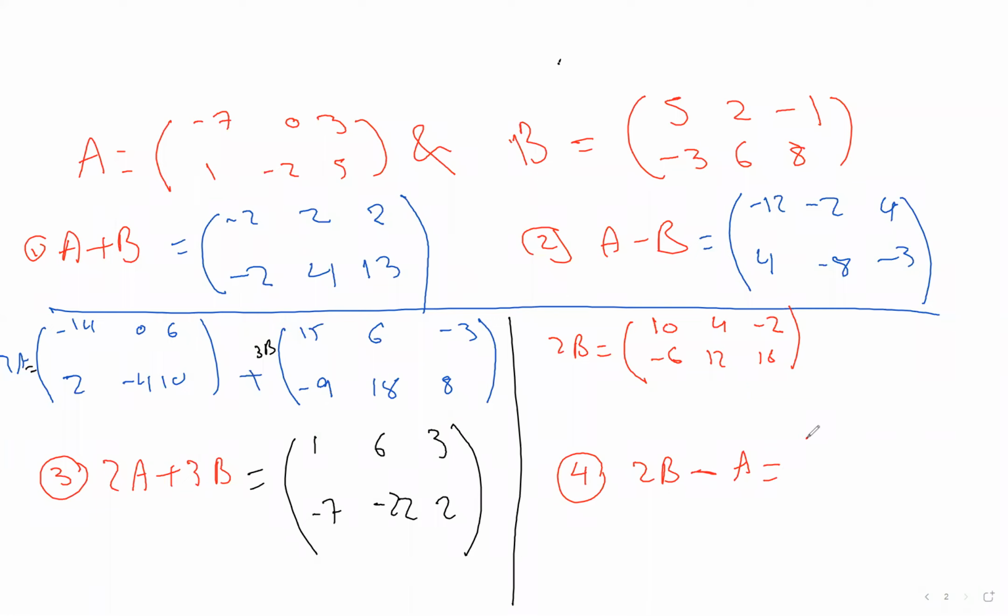So 2b minus a, you have to subtract a from 2b, okay? So 10 minus negative 7 is positive 17, and 4 minus 0 is 4, negative 2 minus 3 is negative 5, negative 6 minus 1 is negative 7, 12 minus negative 2 is 14, and 16 minus 5 is 11. So it's the final result of this one.